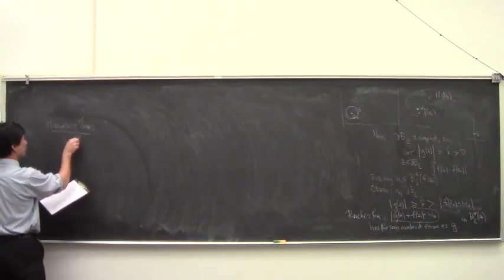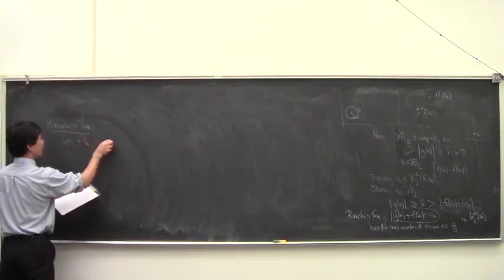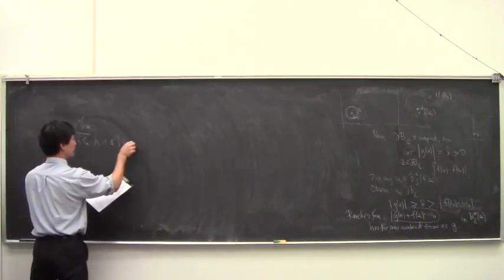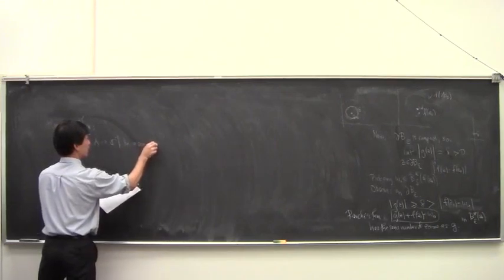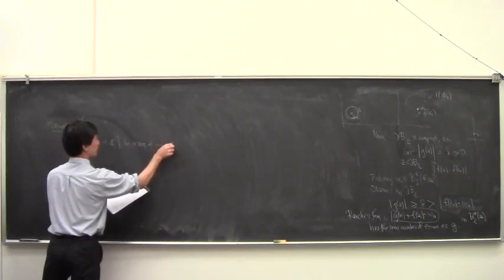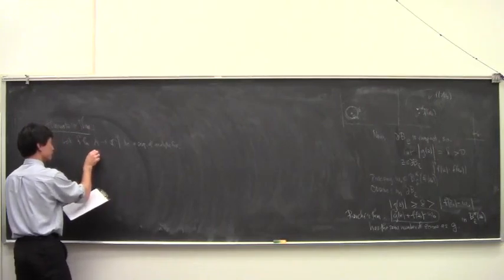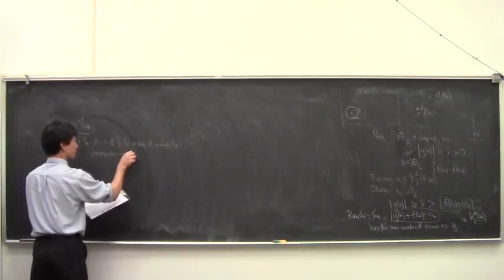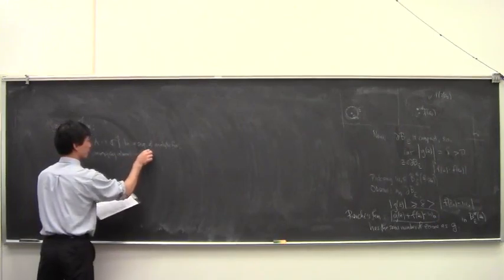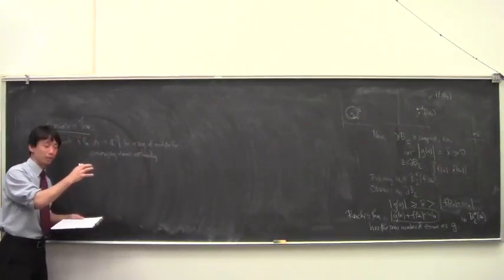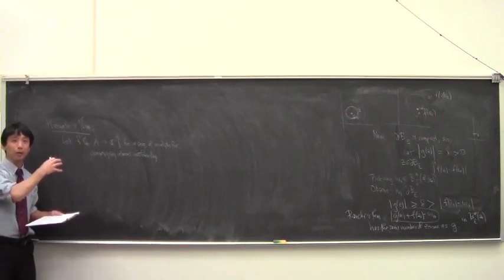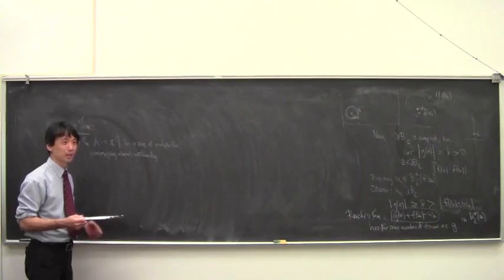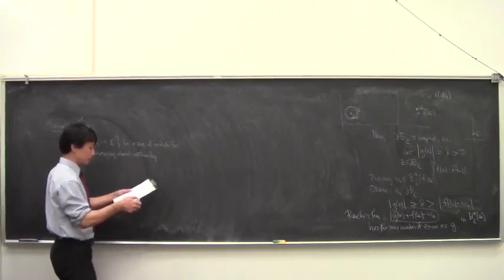So let f_n from A to C, A is again a domain, be a sequence of analytic functions converging almost uniformly, that is, converging uniformly on all compact subsets. Or you could just say on all disks, as they do in the book.